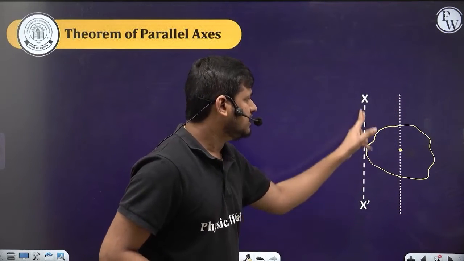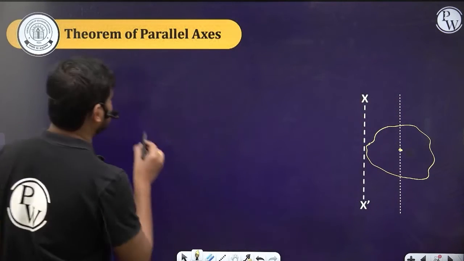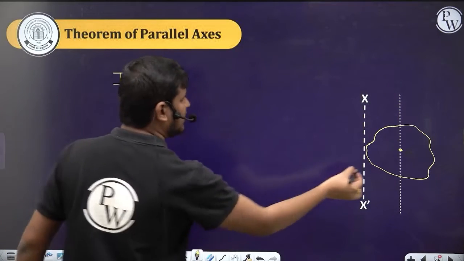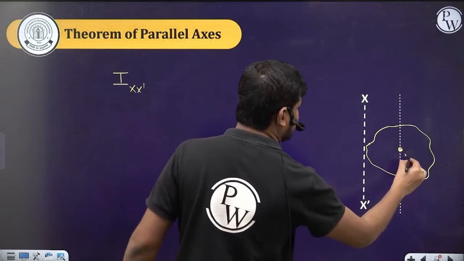Just understand carefully. So about this axis, x dash, you have to find it. We already know it about its center of mass, this is the center of mass axis.